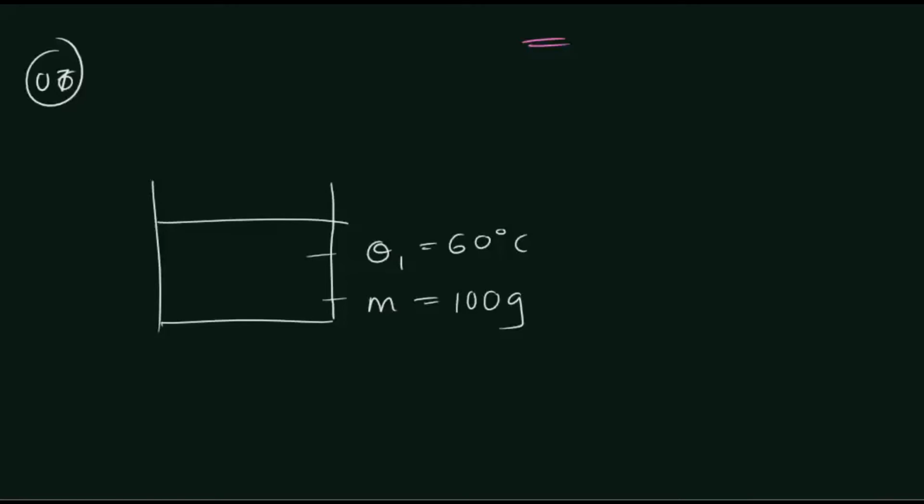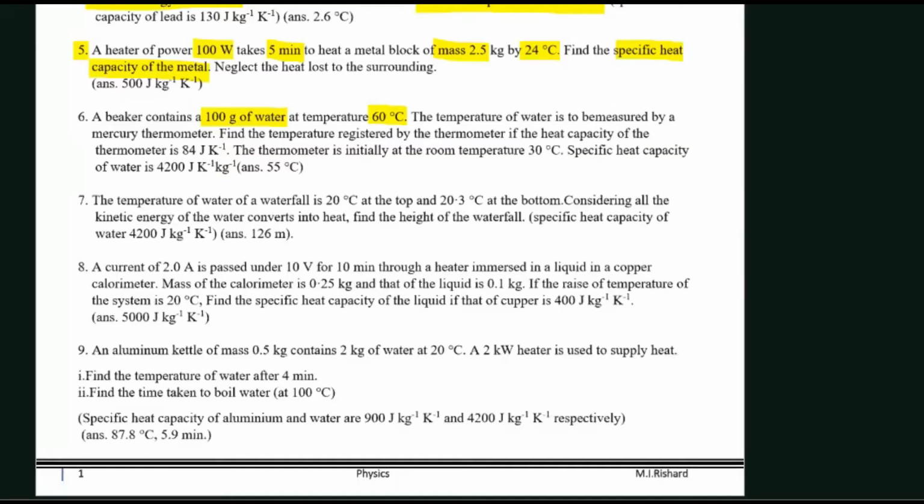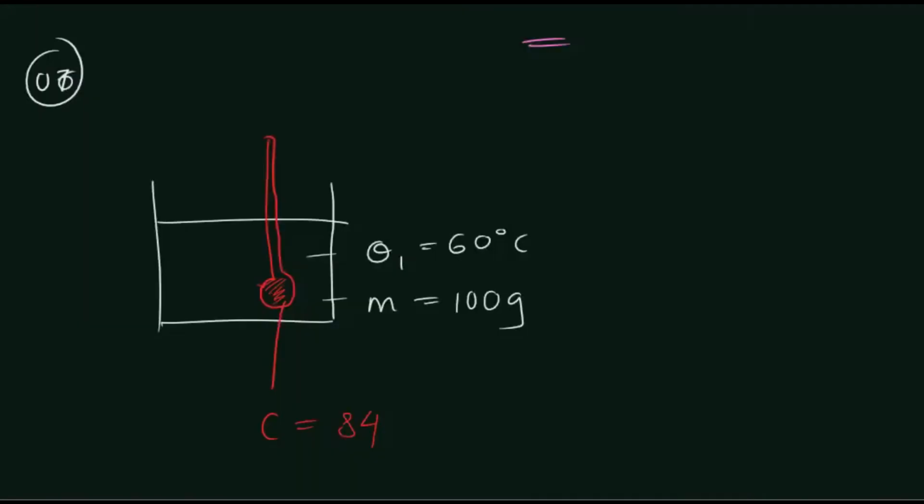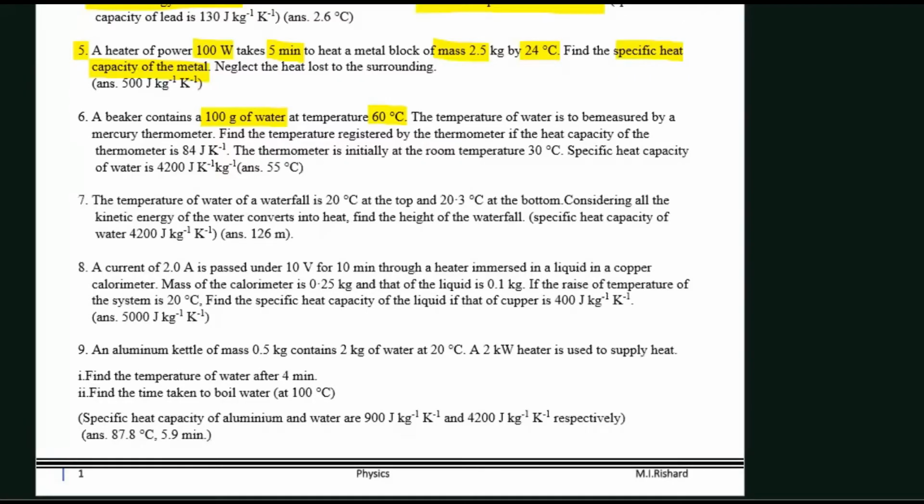Okay, they are inserting a thermometer. Now the heat capacity of the thermometer is 84 joules per Kelvin. And then they're saying the thermometer is initially at room temperature, 30 degrees Celsius.